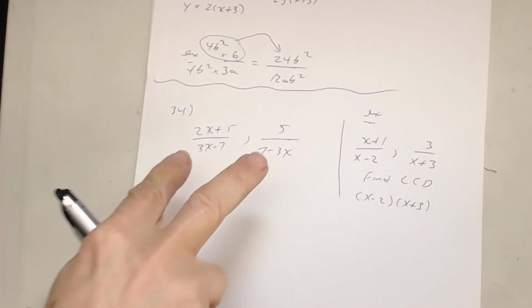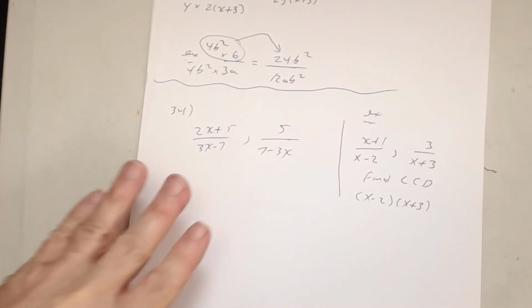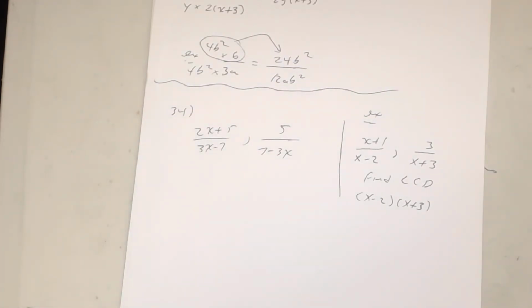Now, look at this. Can I factor anything here? No. For the most part, I can't. The GCF is 1 in both of those. So you may say this, which is going to be wrong. You may say that the LCD is 3x minus 7 times 7 minus 3x, right?